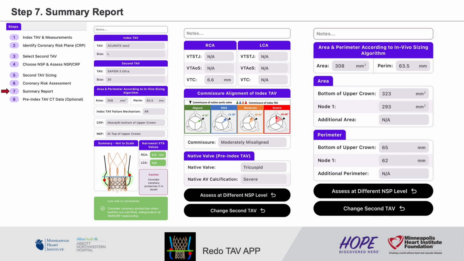So for this implant position, the neo-SCAT plane at the top of the upper crown is below the LCA but above the RCA. And the narrowest VTA for RCA is greater than 4 mm, so risk to coronary is considered as low. And you will get the summary report of 3 pages.